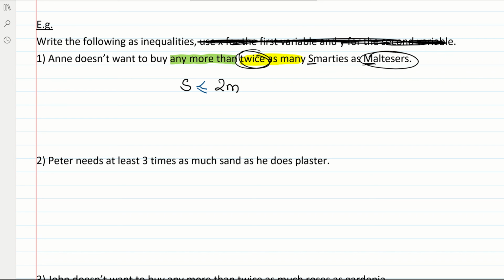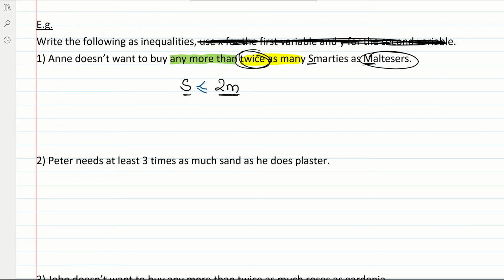Anne doesn't want to buy any more than twice as many Smarties. So here's the Smarties. They have to be less than twice the Maltesers. So Smarties is less than 2 times the Maltesers.